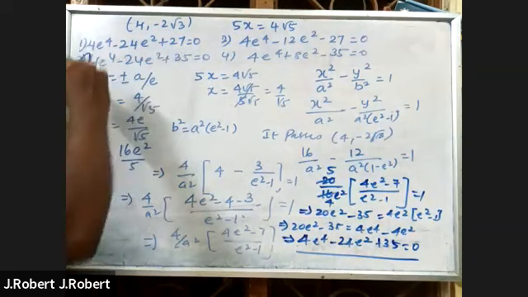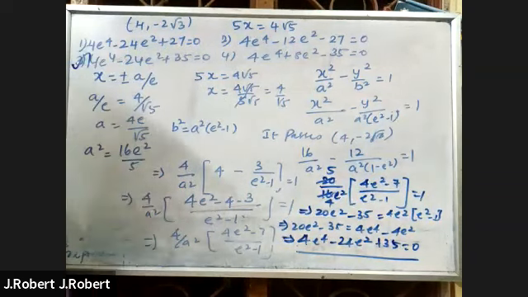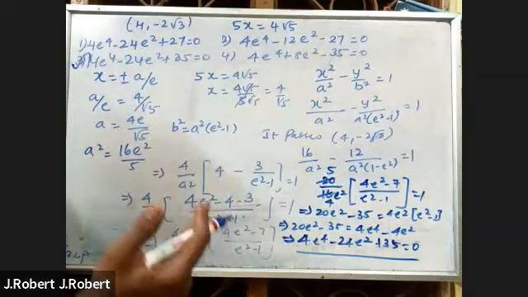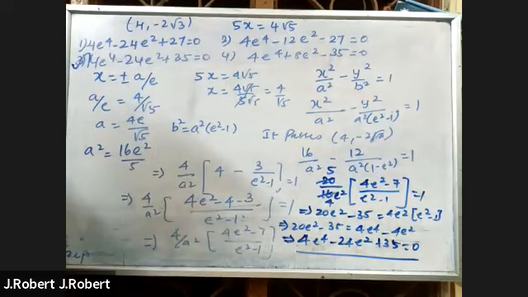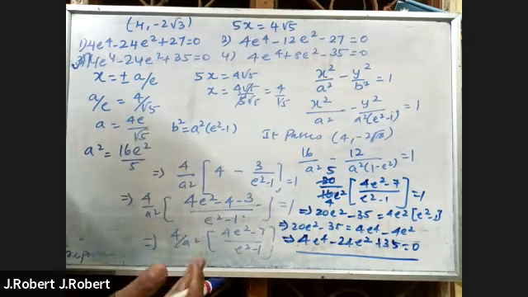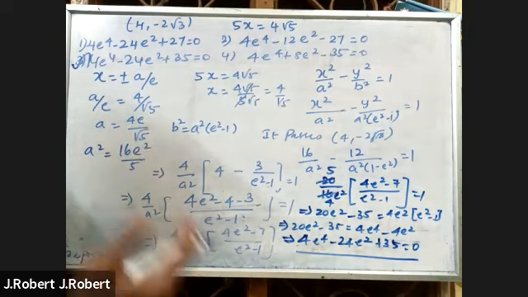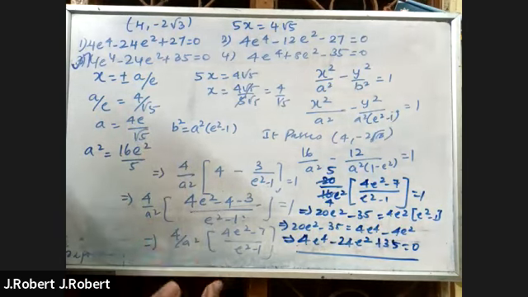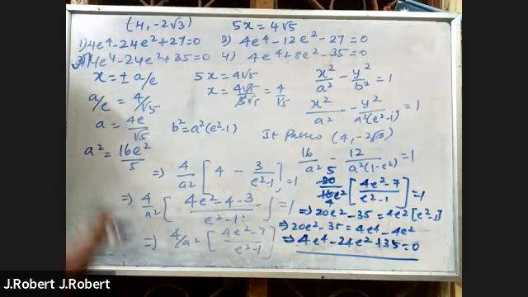The third option is the right option. Here e is the eccentricity, and two pieces of data were given initially: the directrix and the point. The equation of the directrix is 5x equals 4 root 5.